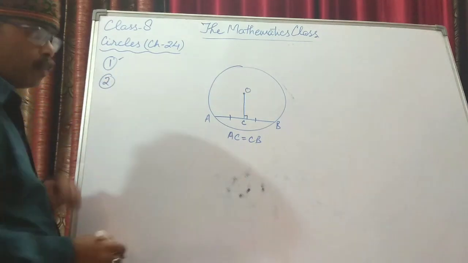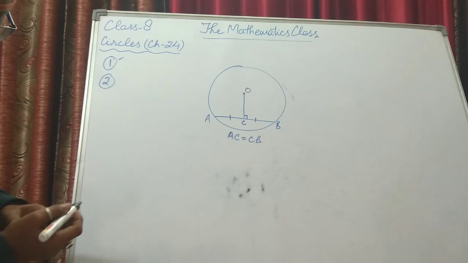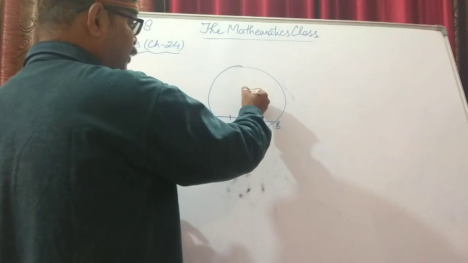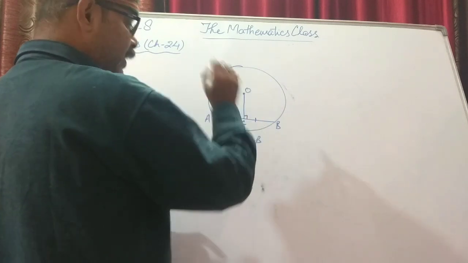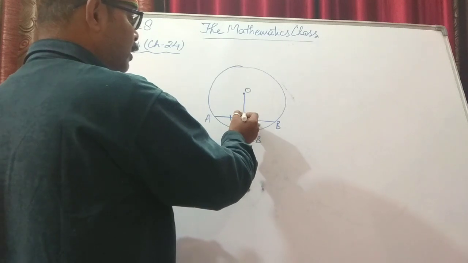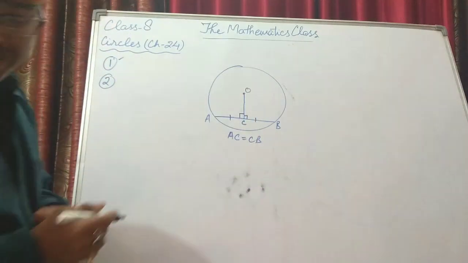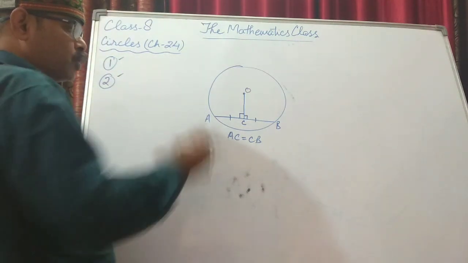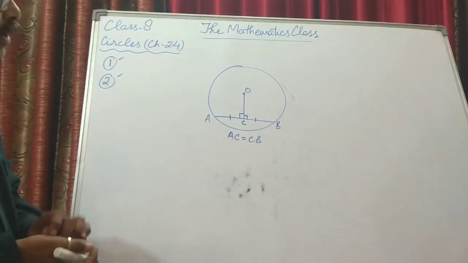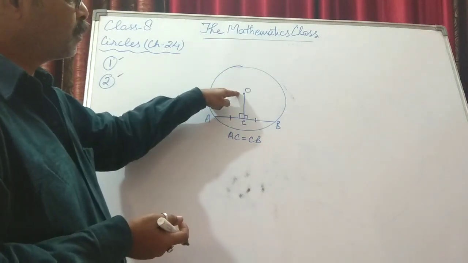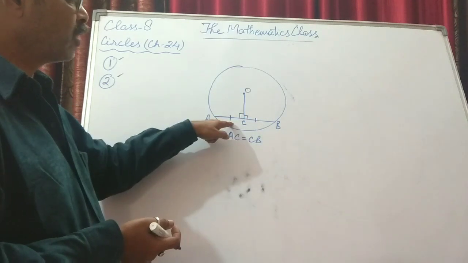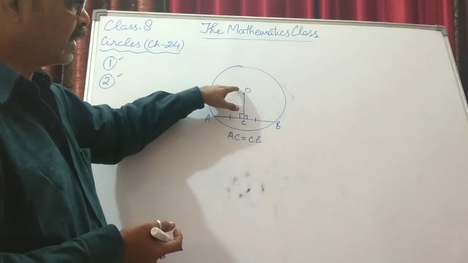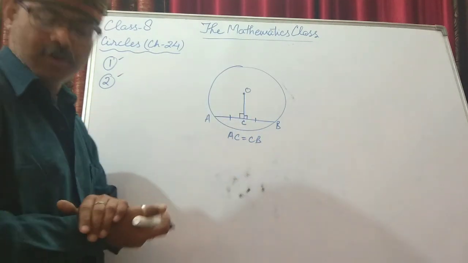Second is just the opposite of it. The line joining the center of the circle to the midpoint of the chord is perpendicular to the chord. So that is the second point that we need to remember. Both of them are reversible. Either you say that a line drawn perpendicular from the center to the chord bisects the chord, or you say a line joining the midpoint of the chord and the center is perpendicular to the chord.